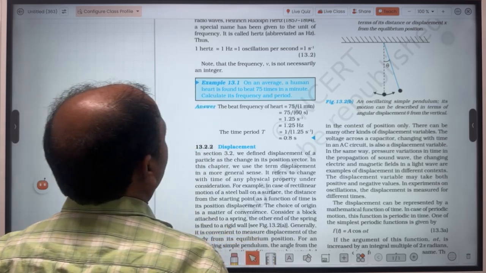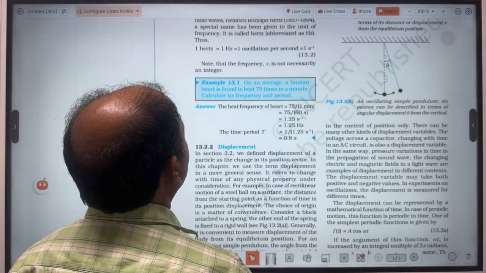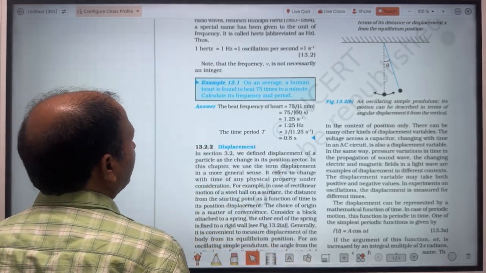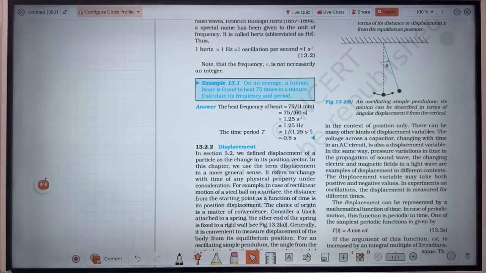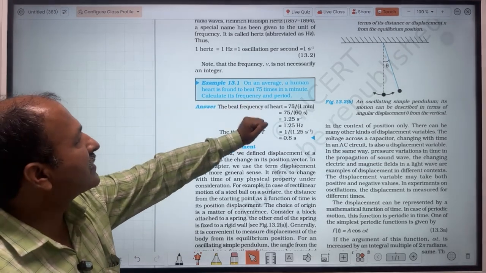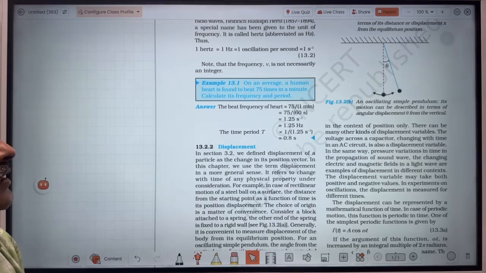Question says, on an average, a human heart is found to beat 75 times in a minute. Calculate its frequency and period. So it's very simple. Number of beats is given, 75, and time is given as 1 minute, and minute must be converted into seconds.